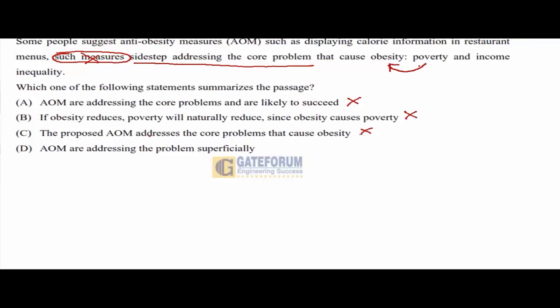The last one, AOM are addressing the problems superficially. Superficially means over the surface, not going into the depth of it. So naturally, I will say that is exactly what has been said, that they sidestep addressing the core problems. They don't go into the depth. They deal with it superficially. And hence I will say my correct option is D.